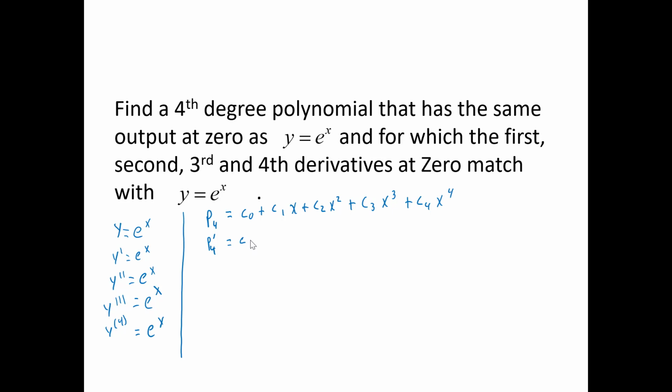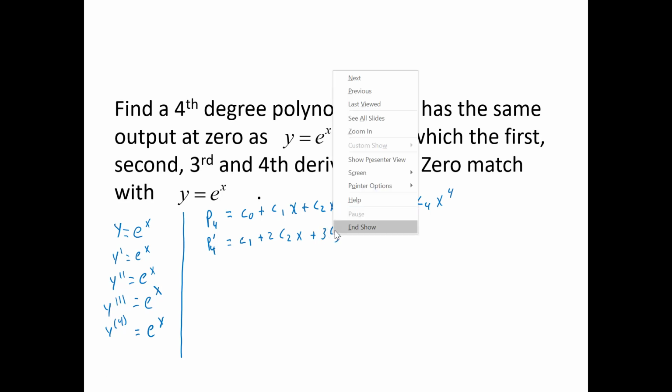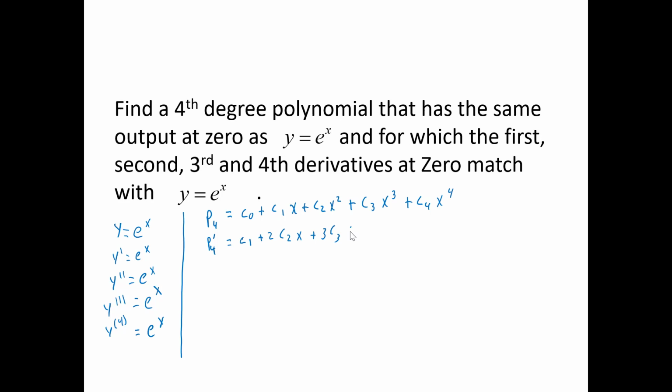We get C1, and then plus 2C2 x, take one away from the exponent, plus 3C3 x squared, and then plus 4C4 x cubed.